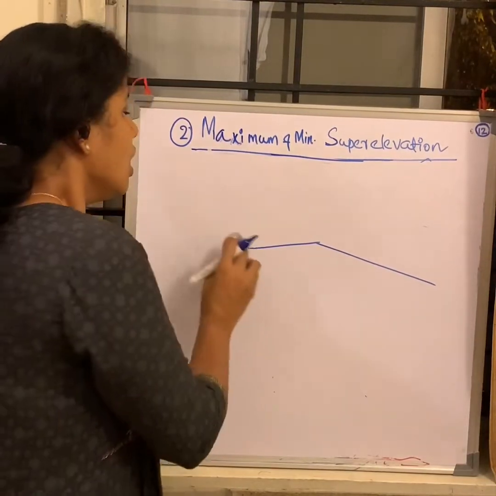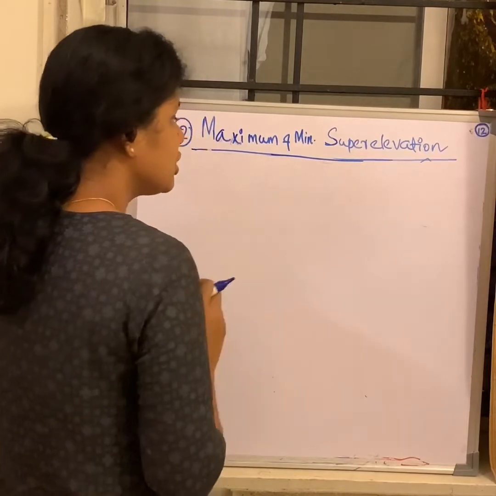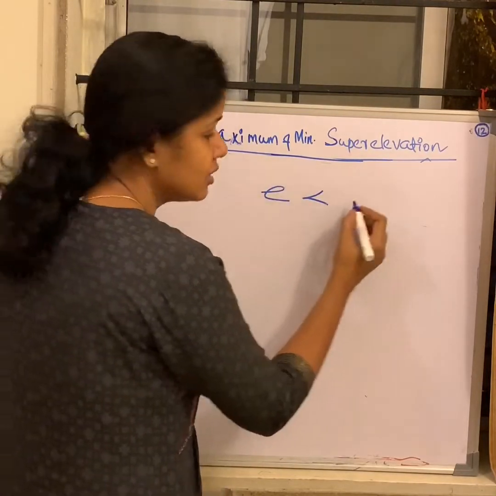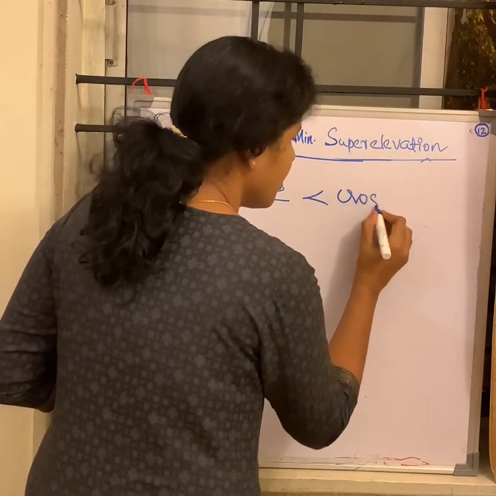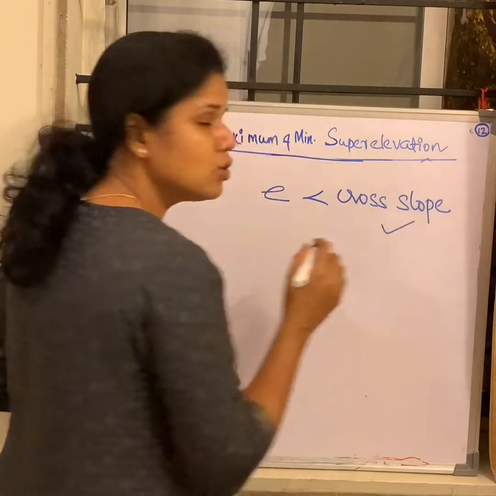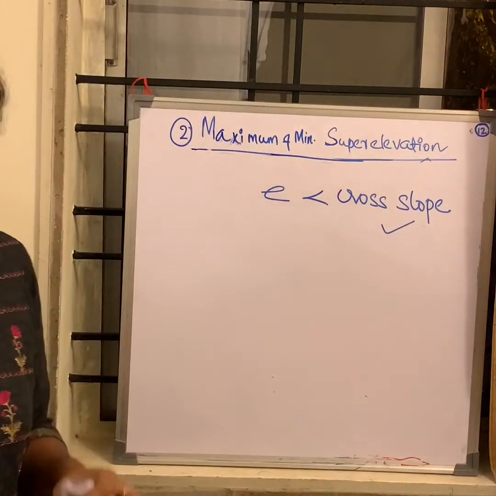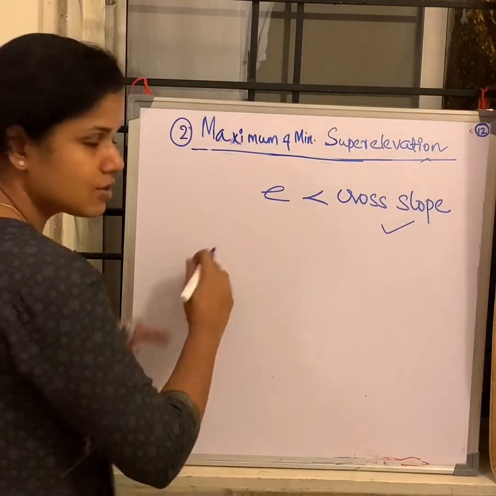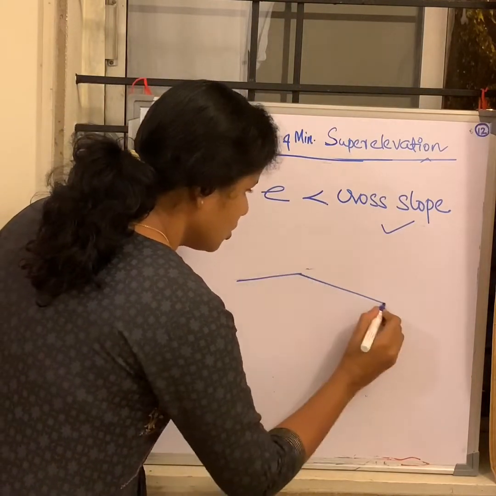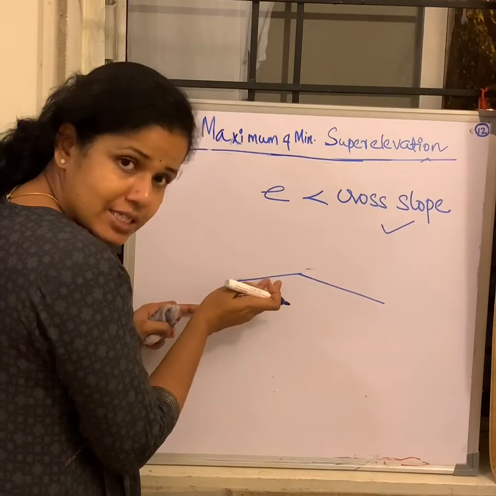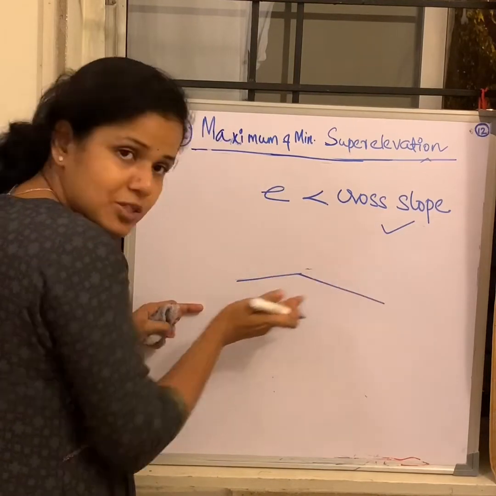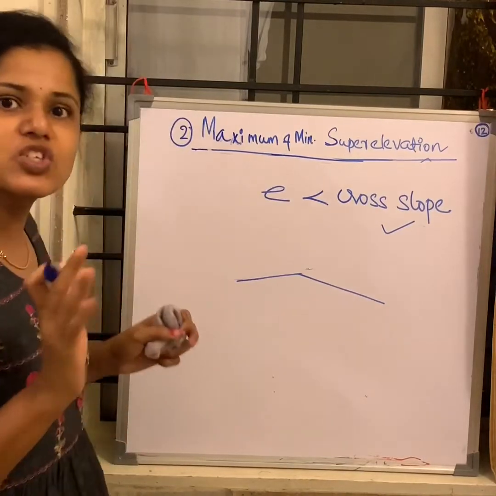If the super elevation we got is less than the cross slope or the camber, one can consider the cross slope value itself as the super elevation. The cross slope, which I have drawn in this manner, means eliminating the crown and providing a uniform cross slope from outer edge to inner edge. This is the general practice.